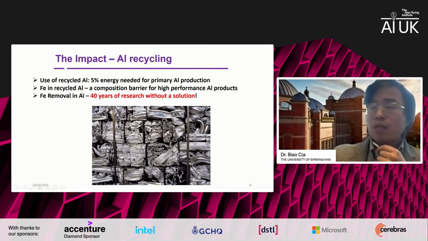But there is a problem with recycled aluminum. You have iron, which is another element in aluminum, but it's a very detrimental element. It's very bad for the corrosion and mechanical properties of aluminum products. You want to avoid that, but there has been research going on for 40 years without a proper solution.